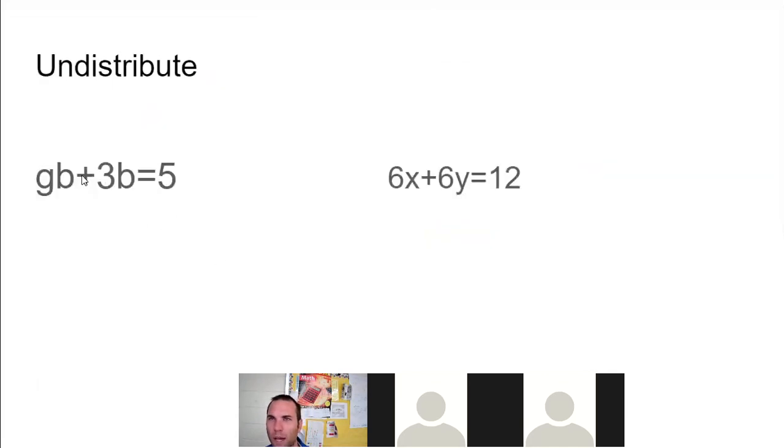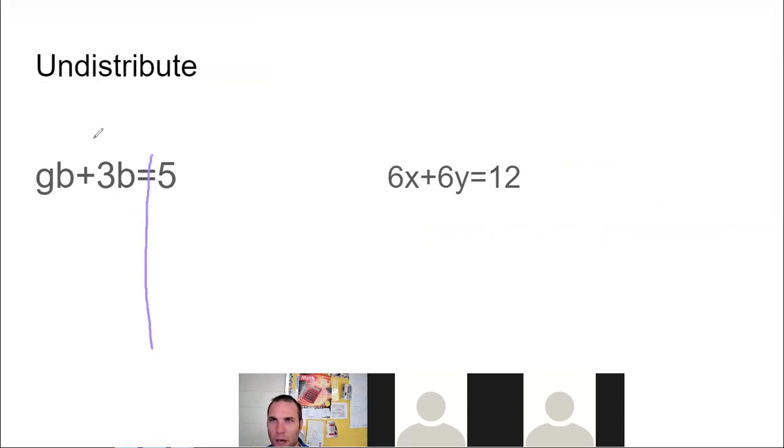So what we did first, guys, is we talked about this undistributing, and I'll just show you this again real quick. On these problems, we're going to solve for B. And really, you can use this if you want to solve for anything. It could help. But I've got B here and B here, and I can't really combine these because one is GB and one is 3B.